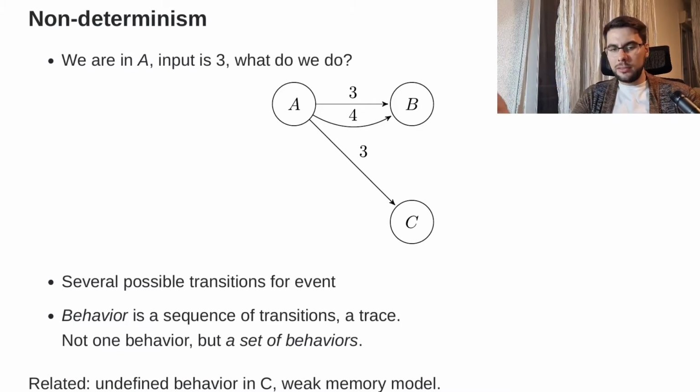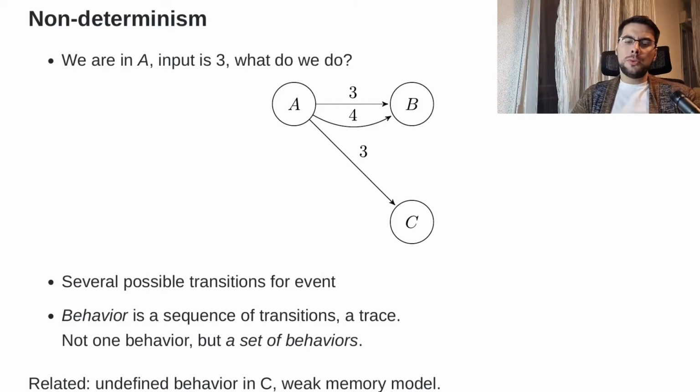Instead of having a single behavior, we will assign to a finite state machine a set of behaviors, all of which are equally valid. And this is what we call non-determinism, an ability to have multiple behaviors. And non-determinism does not mean that a single behavior is going to be chosen at random. It is just what it is. One system has many behaviors.